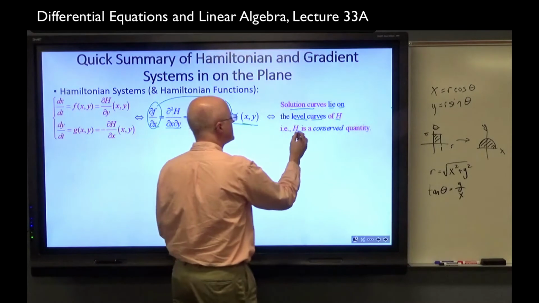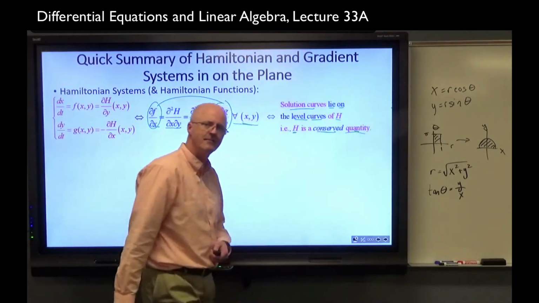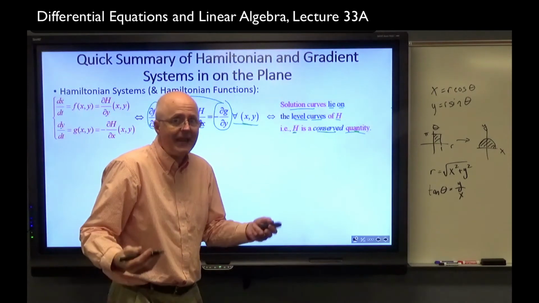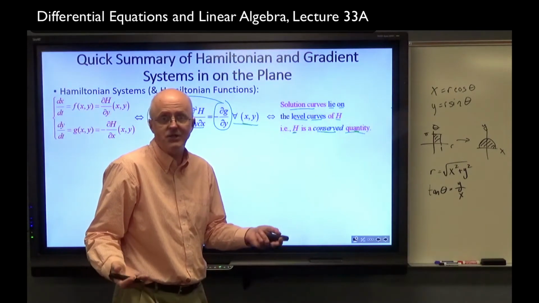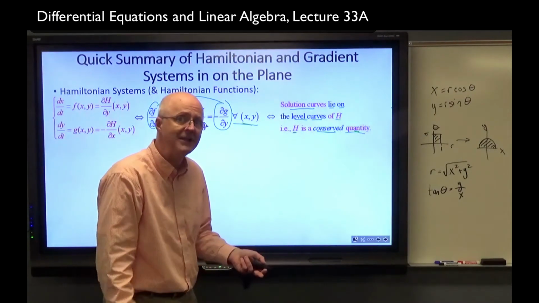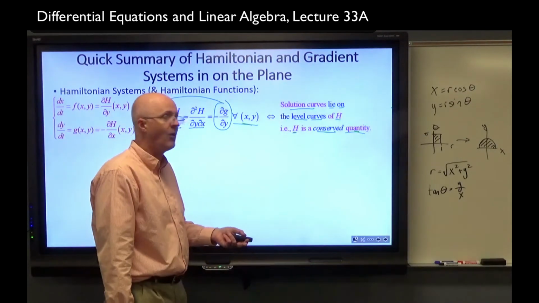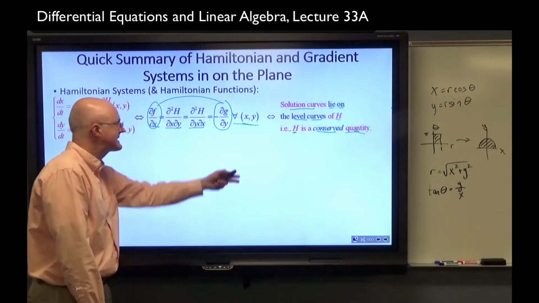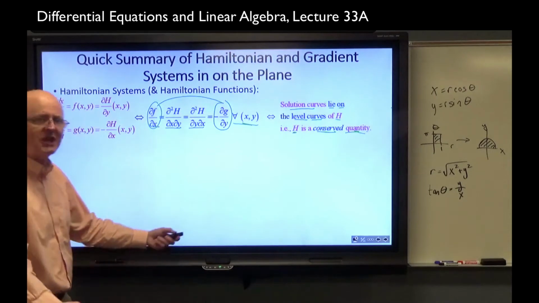In other words, h is a conserved quantity, kind of like conservation of energy. In some problems, h really does represent total mechanical energy, say, for the ideal pendulum, at least up to a scalar multiple. It's conserved; it doesn't change over time.